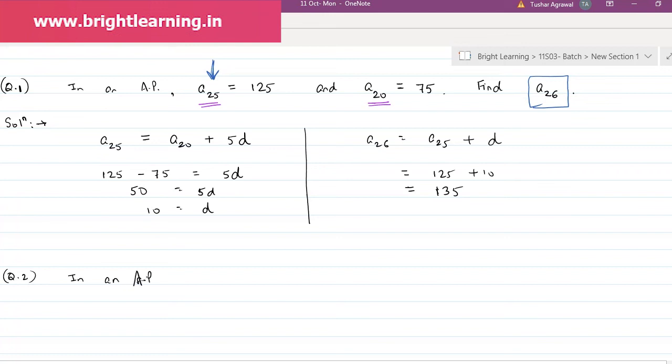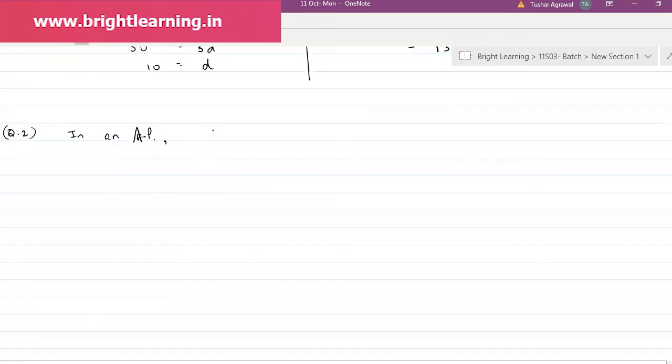One more question. In an arithmetic progression, A30 is 155 and A16 is equal to 204.